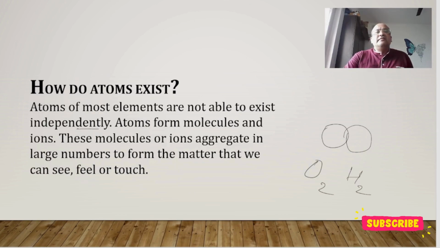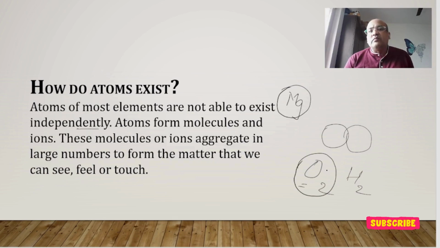Now let's see how atoms exist. Do they exist on their own? You'll see that most atoms are not able to exist independently. For example, magnesium exists as an individual atom, but oxygen occurs in molecule form.